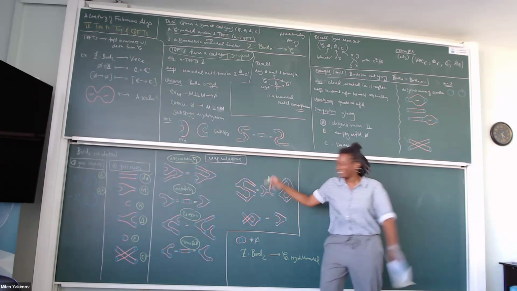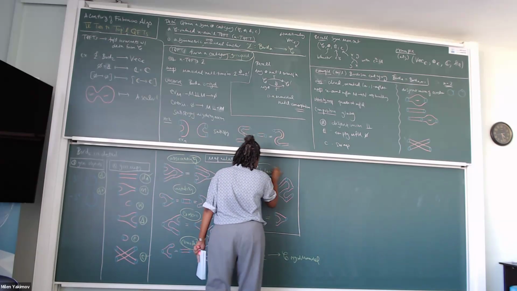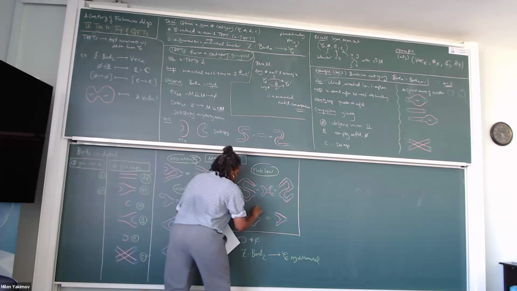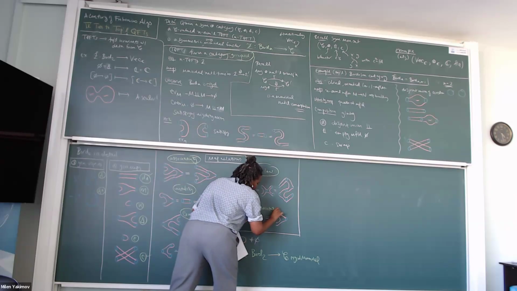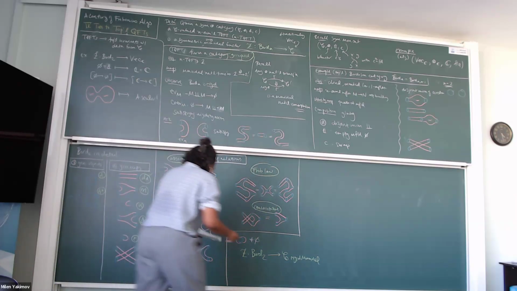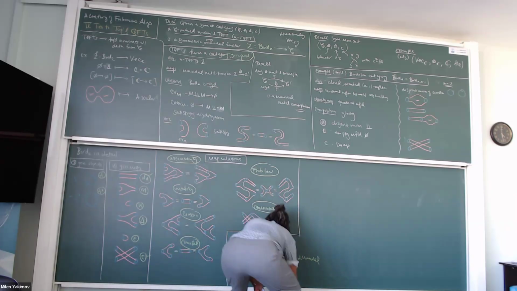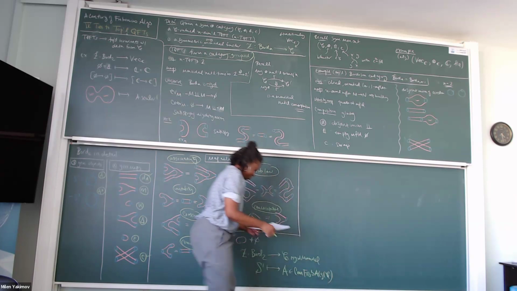The Frobenius law. Yeah, this is the Frobenius law. And this is the commutativity. So what we end up getting is that the circle ends up going to a commutative Frobenius algebra in C.